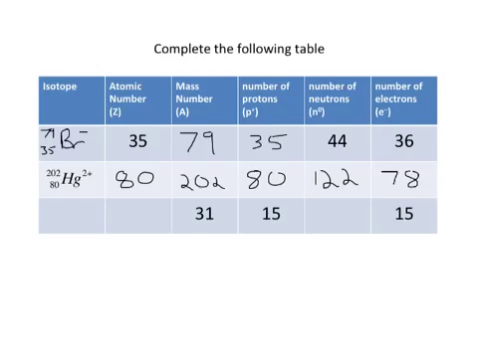All right, if we do the final row of the table, I think the easiest one to figure out is the atomic number. If the number of protons is 15, then the atomic number is also 15. The number of neutrons, if the mass number is 31 and it has 15 protons, 31 minus 15 is 16.